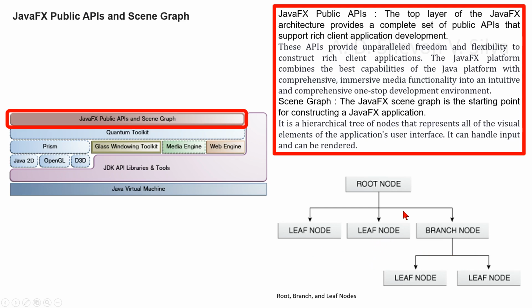The first node in the tree is always called the root node, and it never has a parent. Here you can see the root node, and the root node is connected to leaf nodes and a branch node here, and the branch node is connected to leaf nodes here.